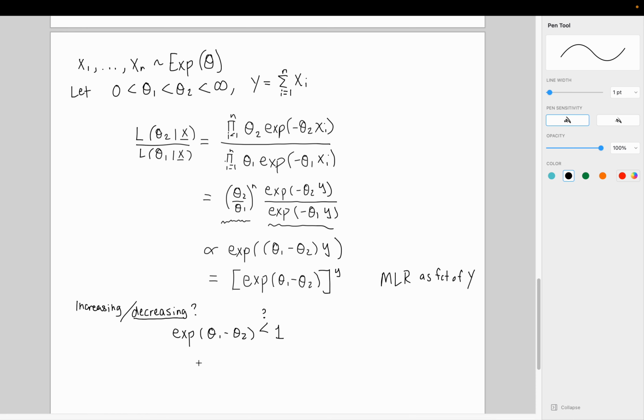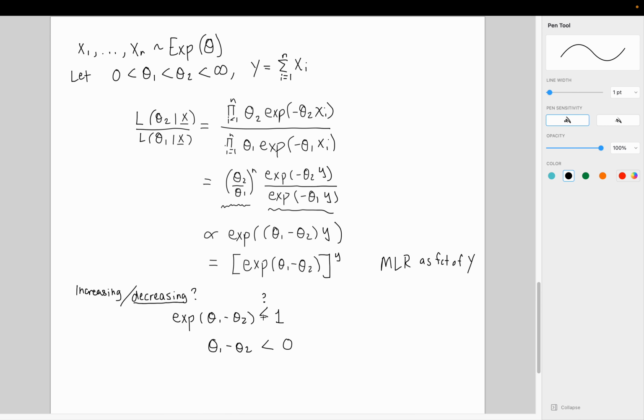This is what I'm checking. I take the natural log of both sides and I get theta 1 minus theta 2 less than 0. And with simple rearrangement, yes, this is in fact true, so we have a decreasing monotone likelihood ratio as a function of y.